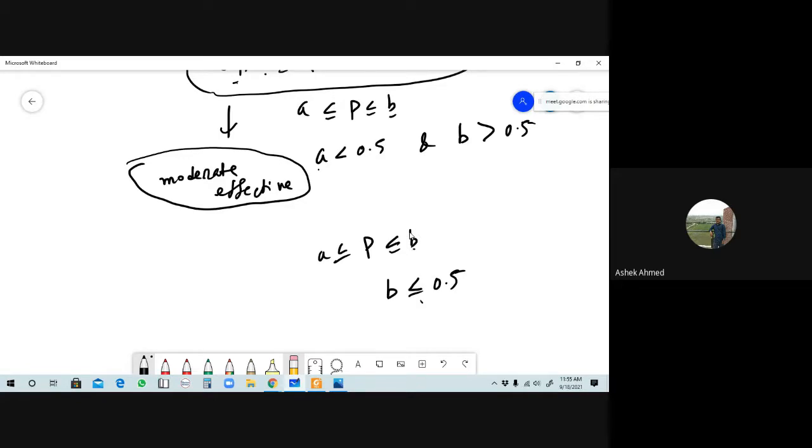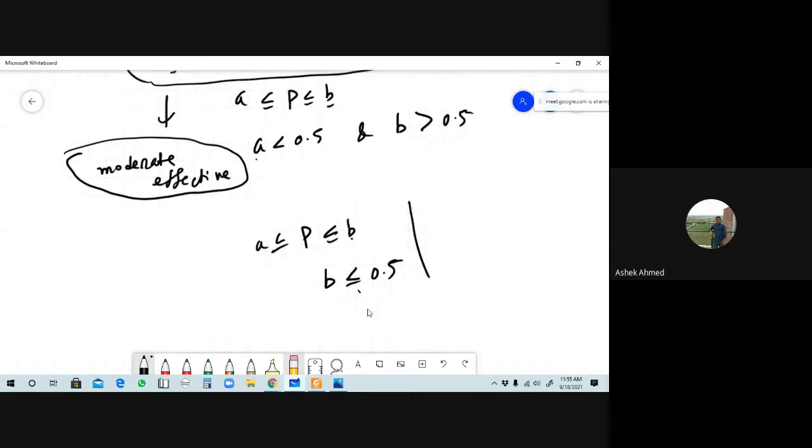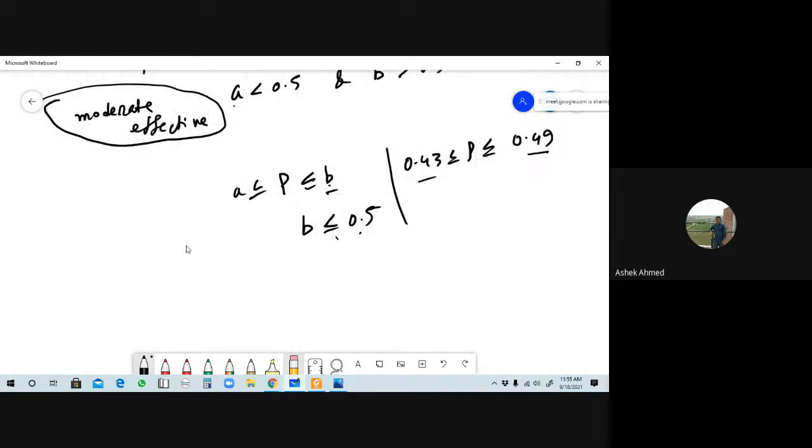In this particular example, 0.43 is less than or equal to p less than 0.49, then the value of b is less than 0.5, so that will be less than 0.5. In that case the process will be less effective.